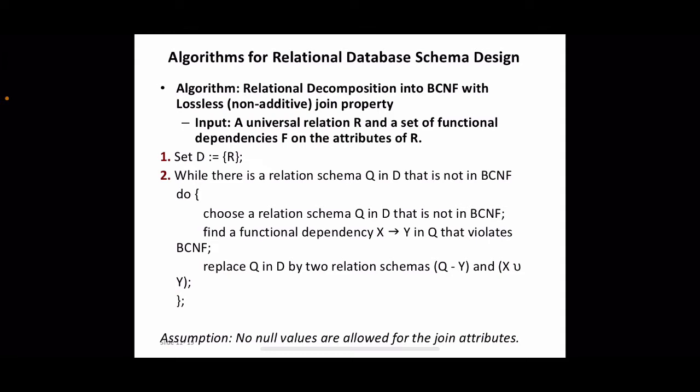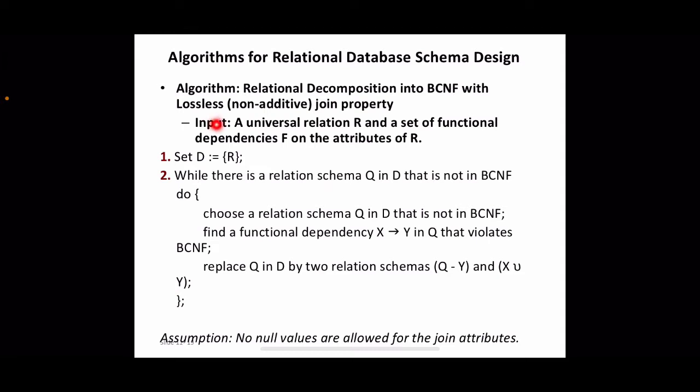Now we are moving to the second algorithm for relational database design, that is relational decomposition into BCNF with the lossless join property. Here the different schemas after decomposition will be in BCNF, and those relations together will have the lossless join property. So now let us move to the algorithm.